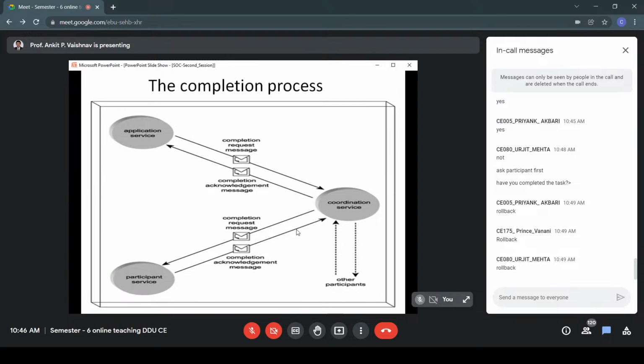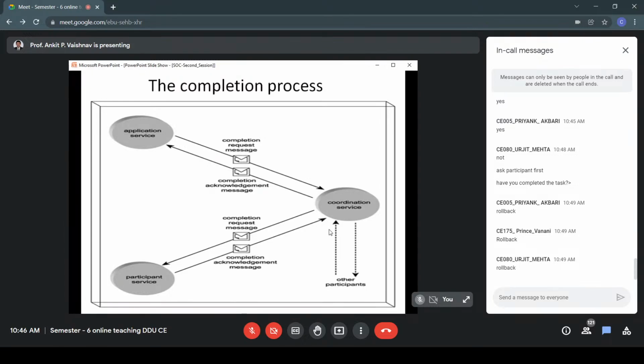Okay, and based on the feedback it collects, it will analyze that feedback, and then whatever is the final outcome, that will be informed to the application service, right? So message number 1 will be completion request message from application service to coordination service.